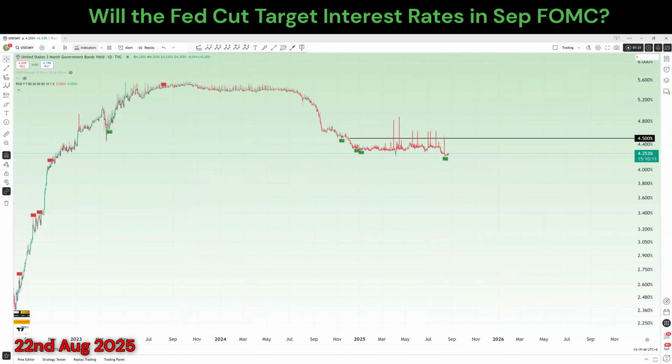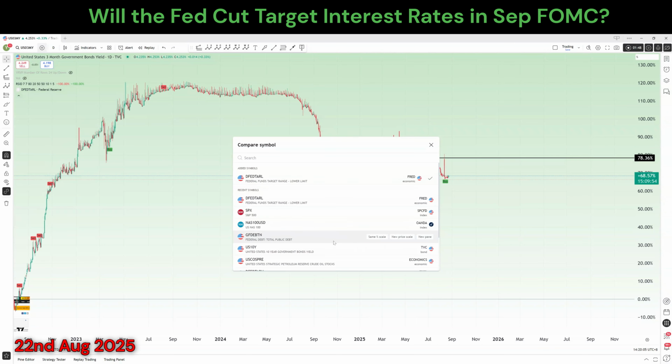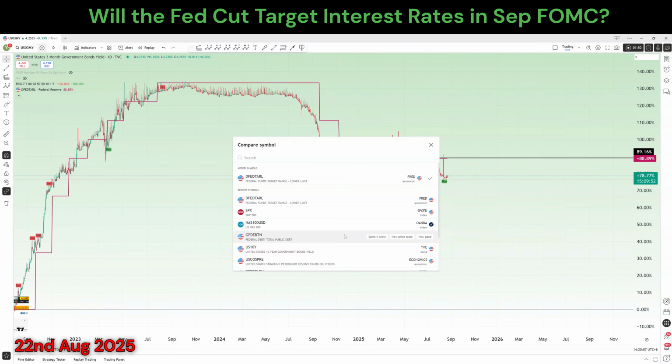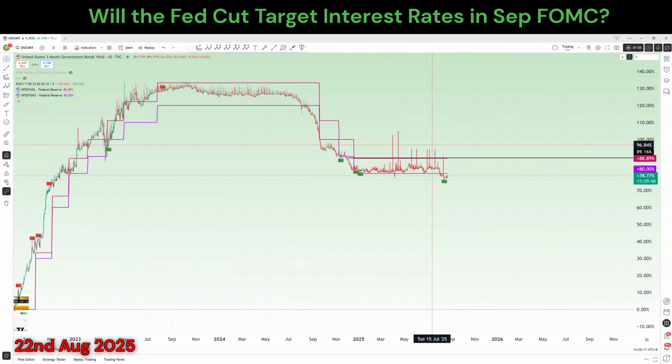Now, over here what you can do is add in what they call the federal funds target range, the lower limit and upper limit. So you can add this, and then you can add the upper limit also.